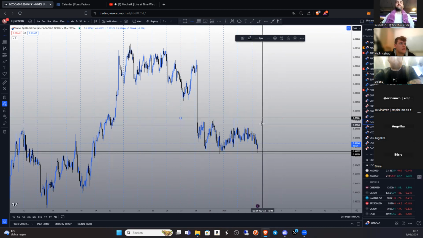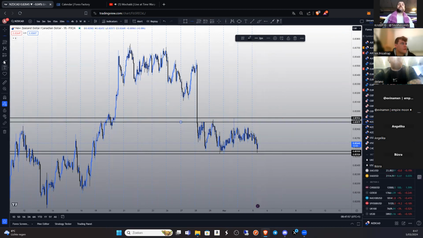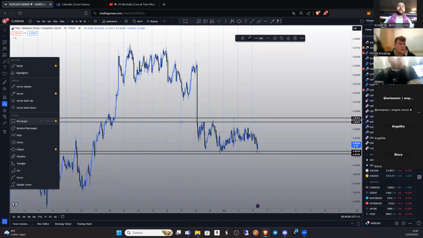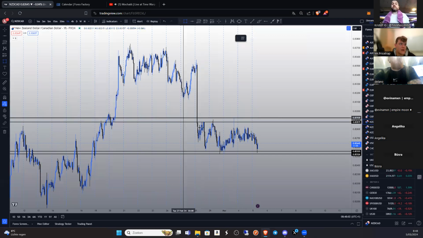And I have NZD Canadian, very obvious price trap. It could take a while till this one breaks out. It is already a big consolidation zone.